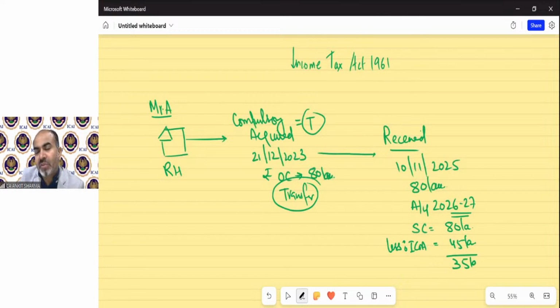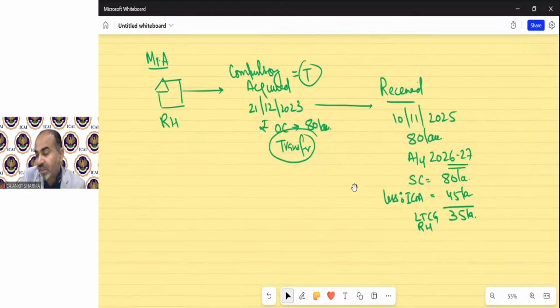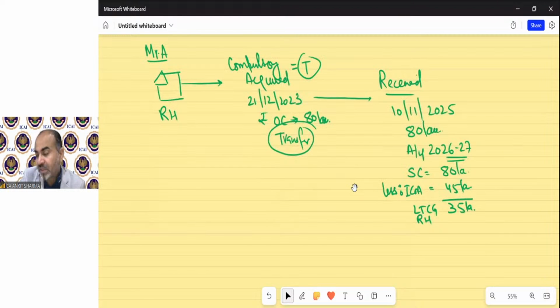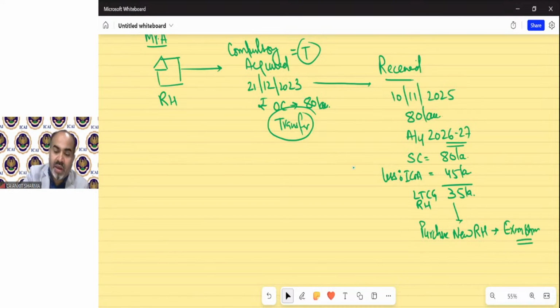So 35 lakh was my long-term capital gain on the residential house. Now I want to purchase a new residential house. Either I have to pay tax on this, or I do not want to pay tax on this 35 lakhs, so I decided to purchase a new residential house to claim exemption.